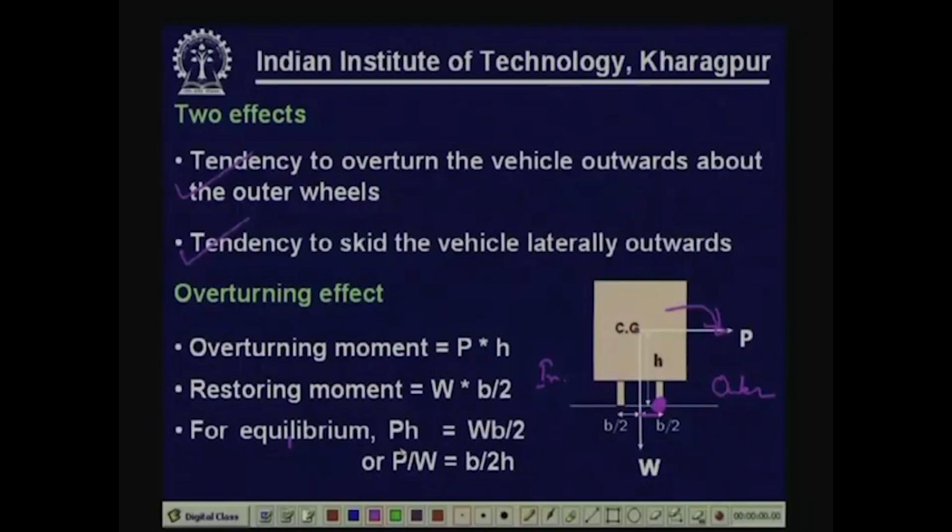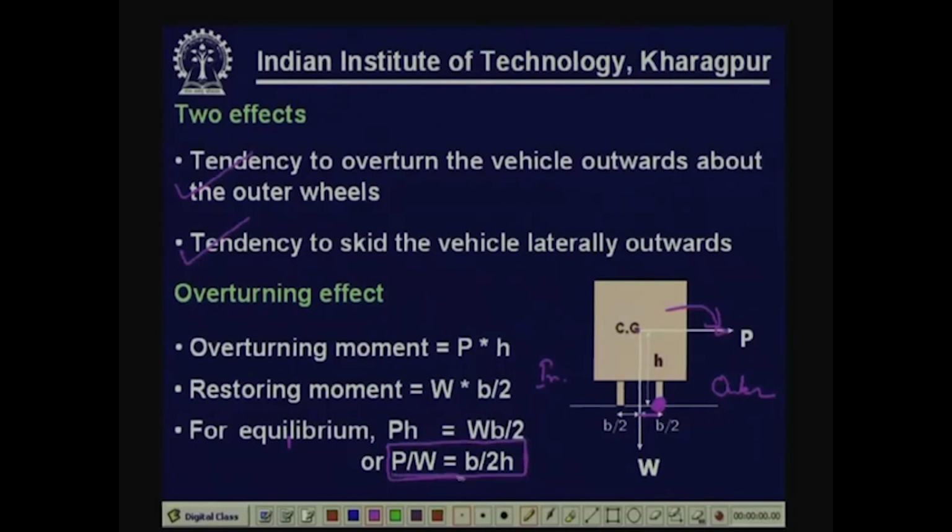In the limiting case, or under equilibrium, P into h equals W into B by 2, that means overturning moment equals restoring moment. In that case, P by W, the centrifugal ratio or the impact factor, is B by 2h. This is one limiting condition.